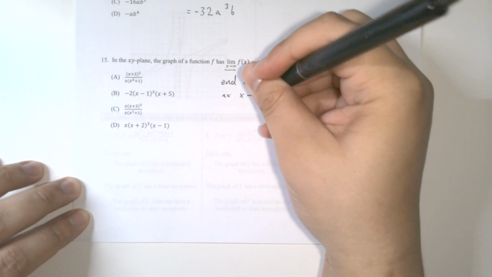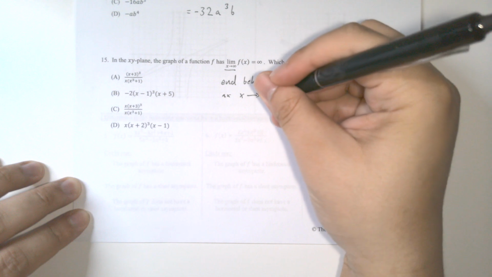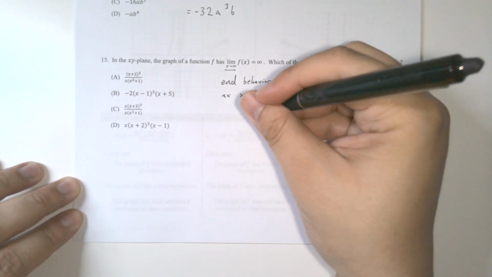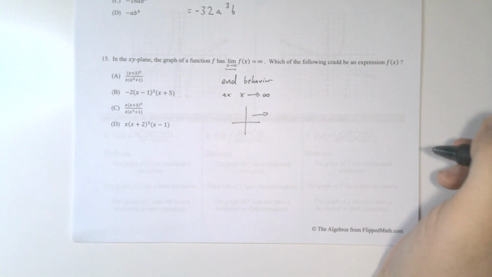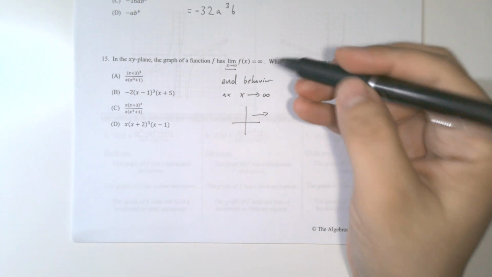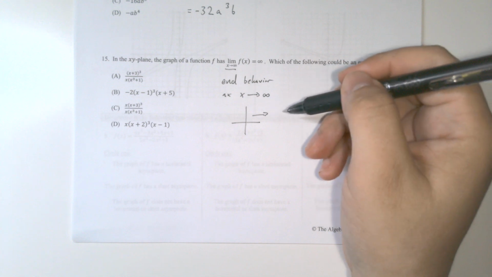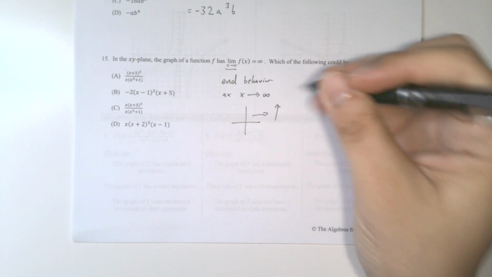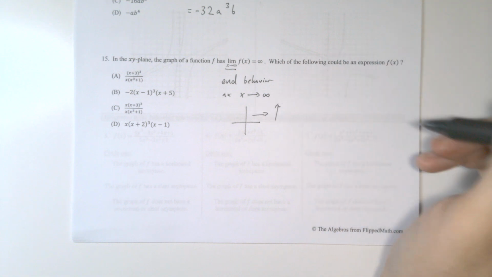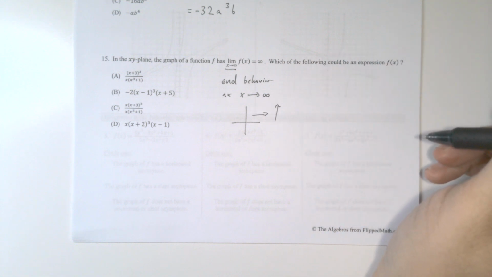As x goes way out to the right direction, as we go really far that way, we want f of x to go to positive infinity, so it needs to go up as we go this way. So which of these could do that?